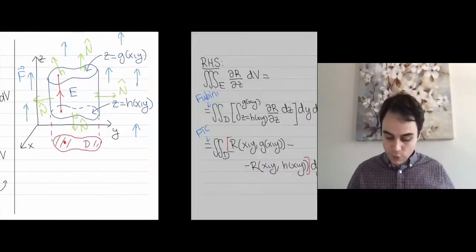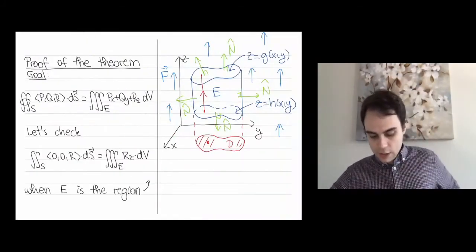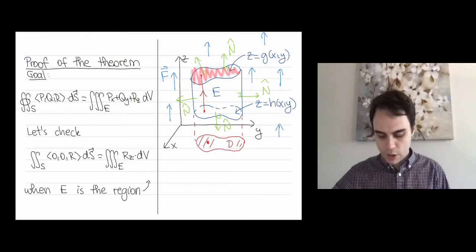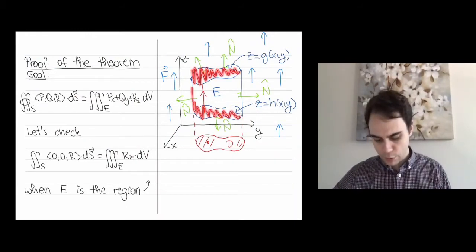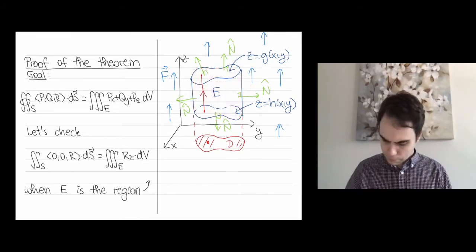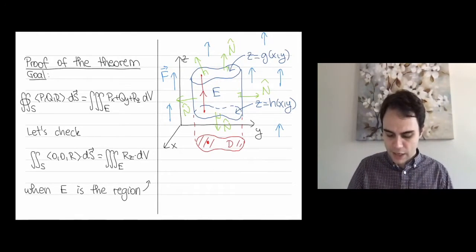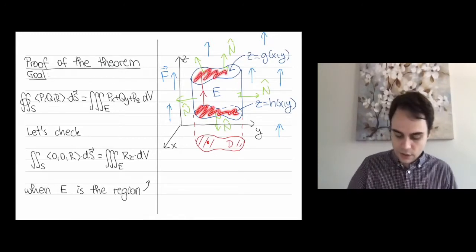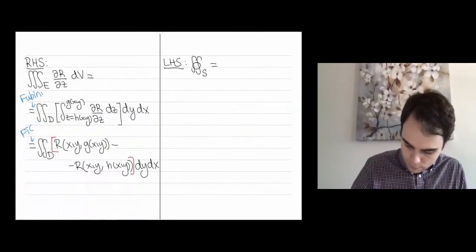So we can break this up, right? There is the double integral over the top, there's a double integral over the bottom, and there's a double integral over the sides, which go around as well. Right, there's the top, the bottom, and the sides. So let me just write that down.